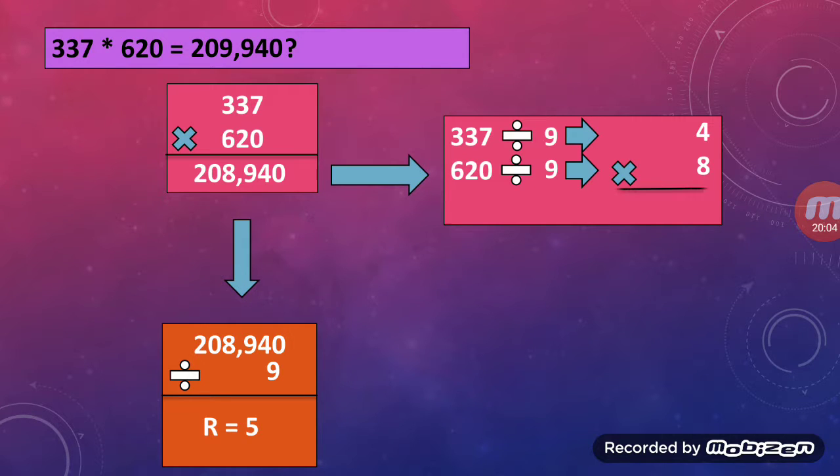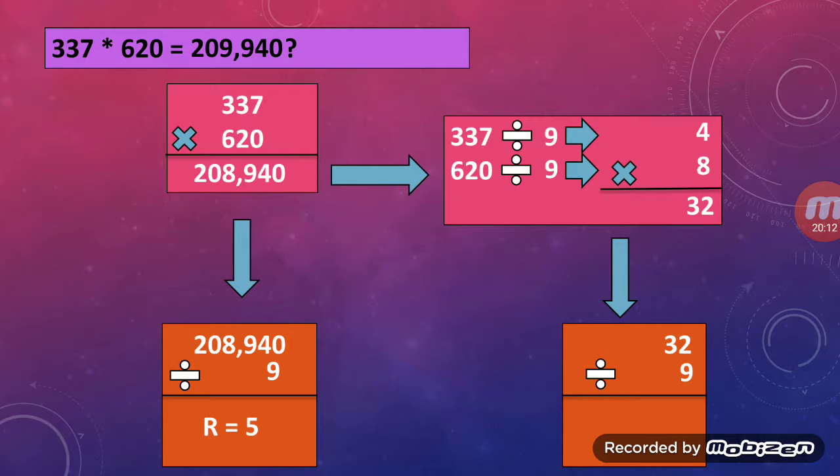Multiplying those together, we get the product of 32. And bringing down that product, we get 32 divided by 9, which yields a remainder of 5.